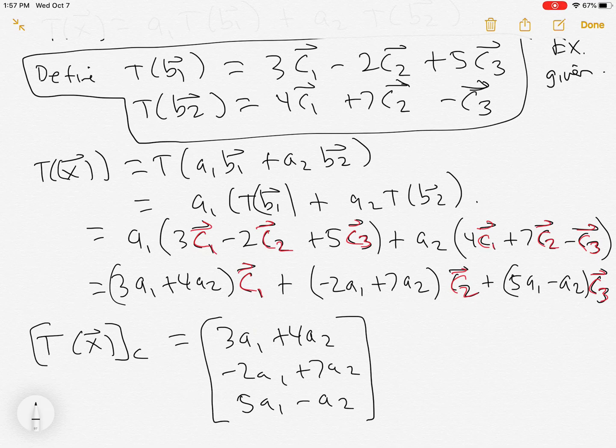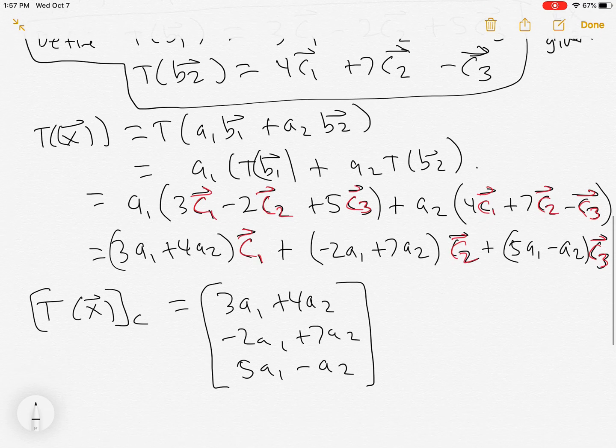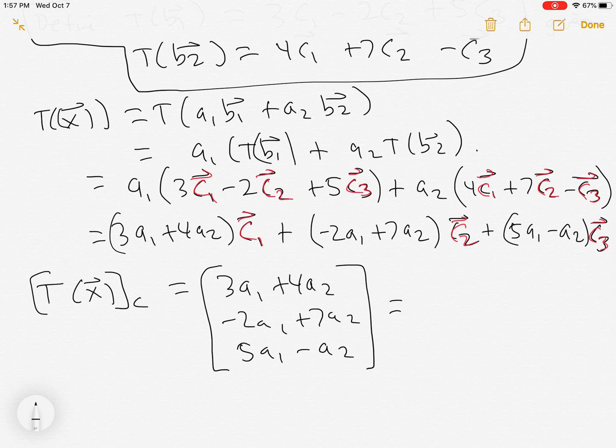So we've taken this vector x, which was defined in the b basis, applied the linear transformation, brought it over to W, and written it in the c basis. This is just a matrix multiplication problem.